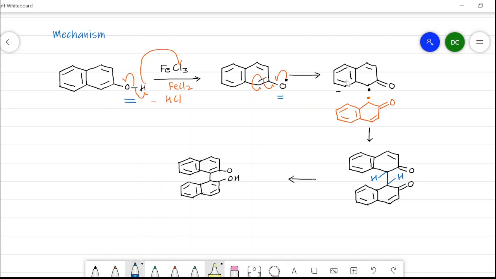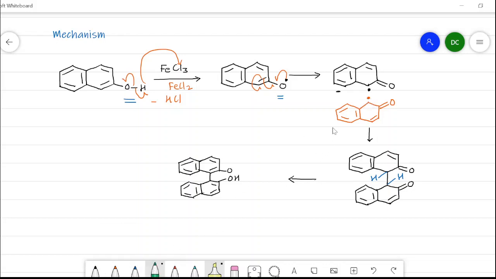Now these two radicals that I have written below each other. Why? Because there is a coupling reaction, and to show the coupling of two radicals, it is necessary to write them below each other. Now here a coupling occurs.